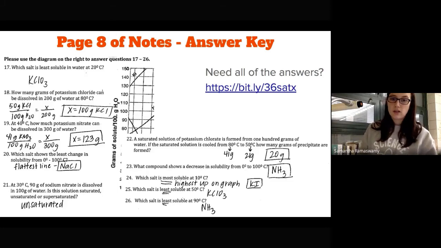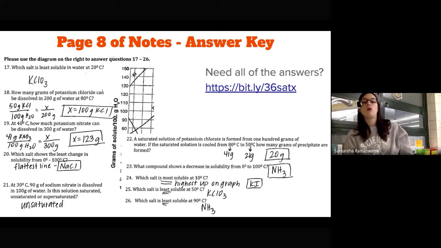And then 23, the decrease in solubility. So gases tend to show a decreased solubility. So NH3 is the only one that starts high and goes low. And then again, most and least soluble, you're just looking at the curves themselves at that temperature. The higher up the curve, the more solid is dissolved, and so the more soluble that it is.